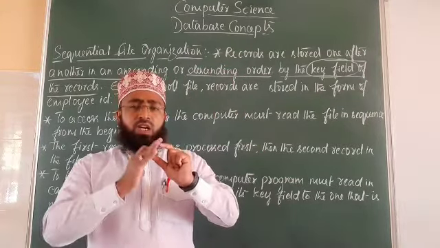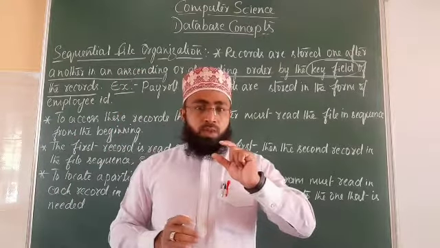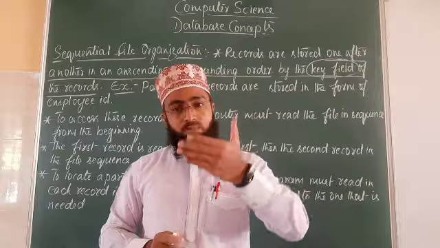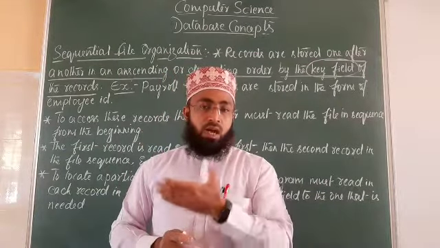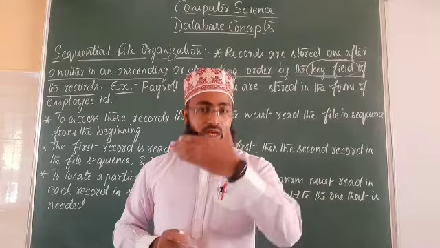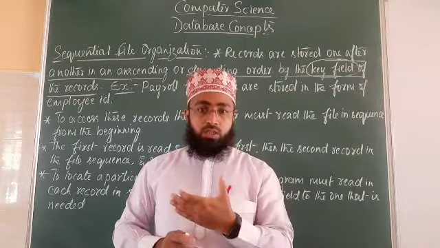Key field means it does not match with any other record, because your name may be matched, your parents' names may be matched, address can be matched, date of birth can be matched with other students.